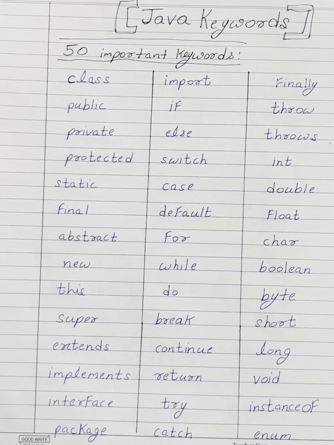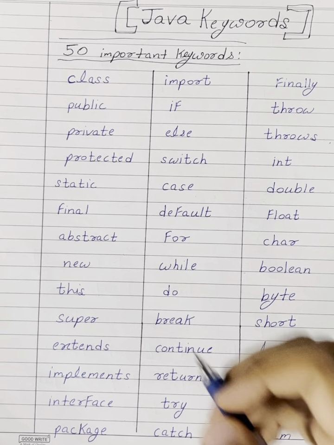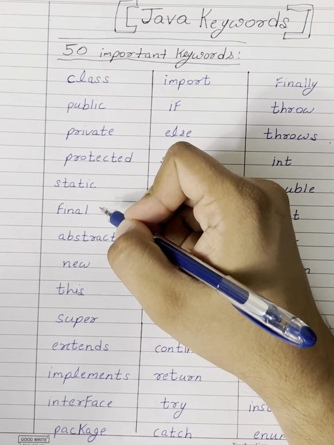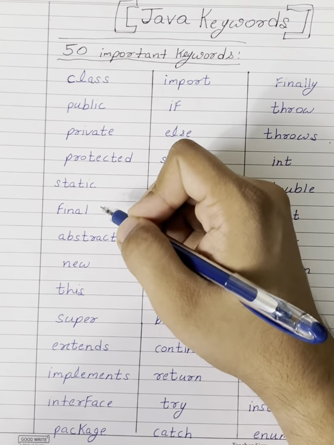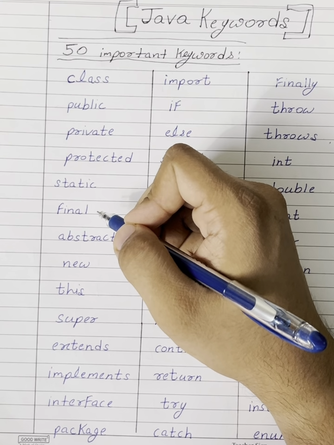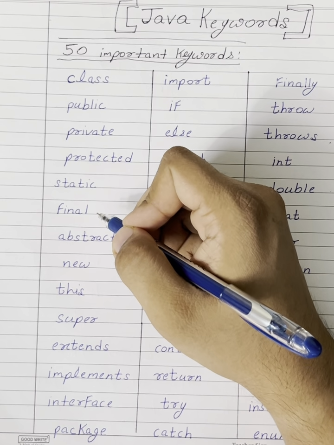And when it is applied to a method, it prevents the method from being overridden by subclasses. And when it is applied to a class, it prevents inheritance, meaning no other class can extend it.